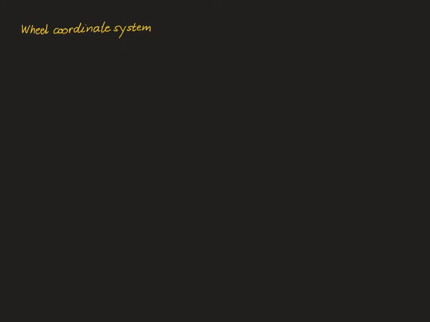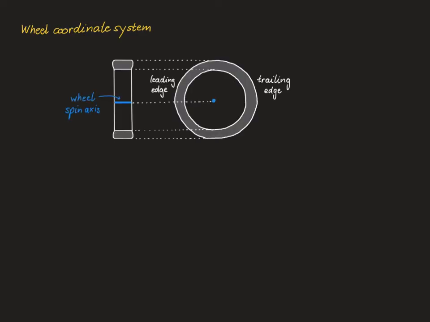As the last part of this video, let's look at the wheel coordinate system. This is again our sketch of the wheel from a sidewards and a frontal perspective. For the sidewards perspective, we assume that the leading edge of the wheel is to the left and the trailing edge of the wheel is to the right, meaning that the direction of travel of the wheel is to the left here.